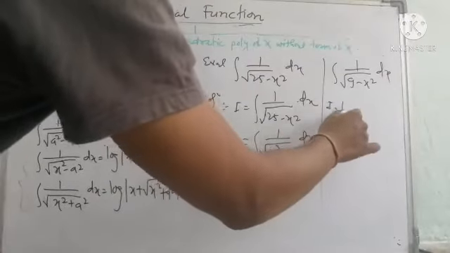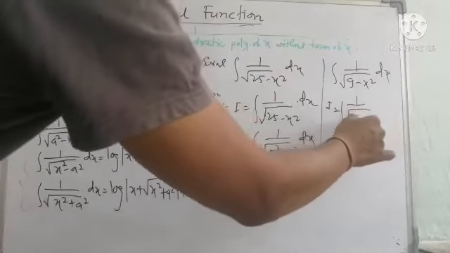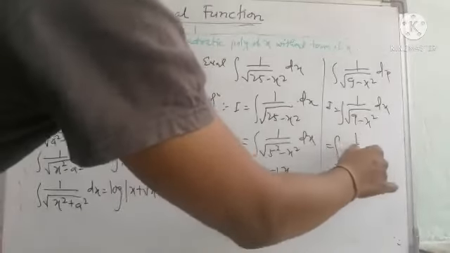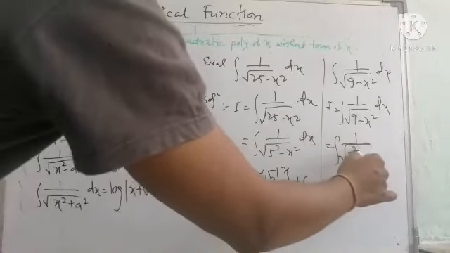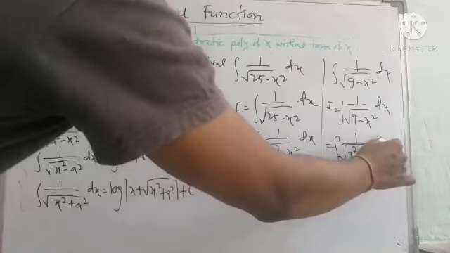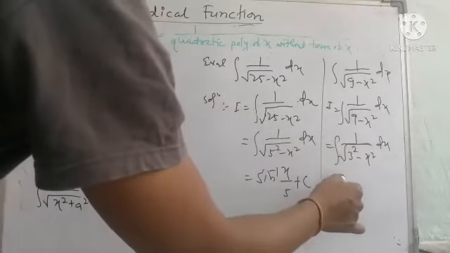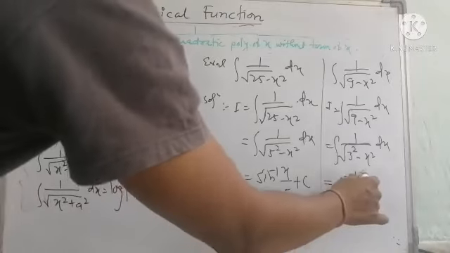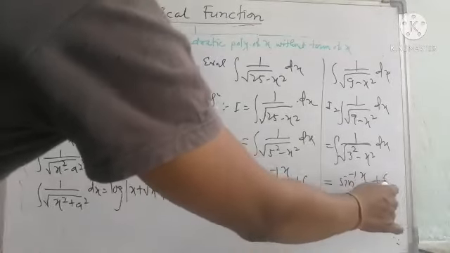So I put this integration as I, of 1 upon root of 9 minus x square. Now we first make 9 as the square of 3. Now this is again in the form of root of a square minus x square, so its integration will be sine inverse of x upon 3.